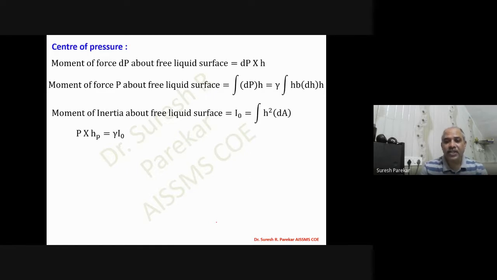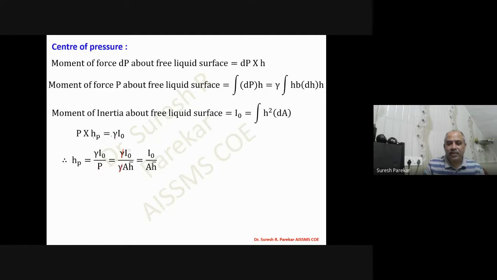Now we have P into hp equal to gamma into I naught, that is the moment about the top due to P. And from this I will get hp equal to gamma I naught upon P, and that is equal to gamma I naught upon gamma A h bar, equal to I naught upon A h bar. P already we have calculated as gamma A h bar. This gamma gets cancelled.